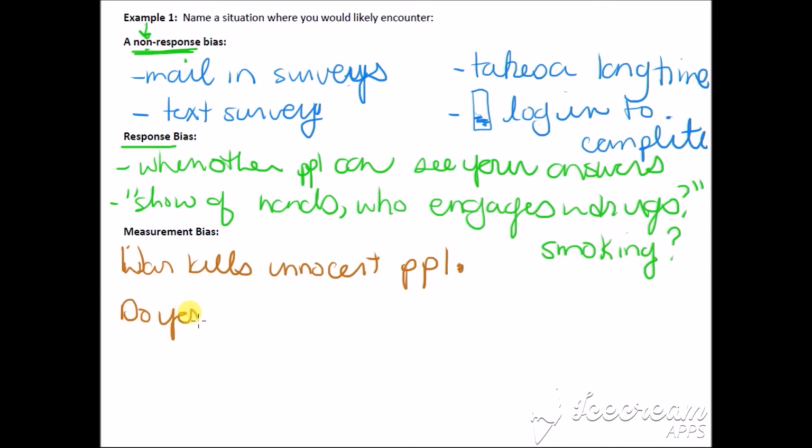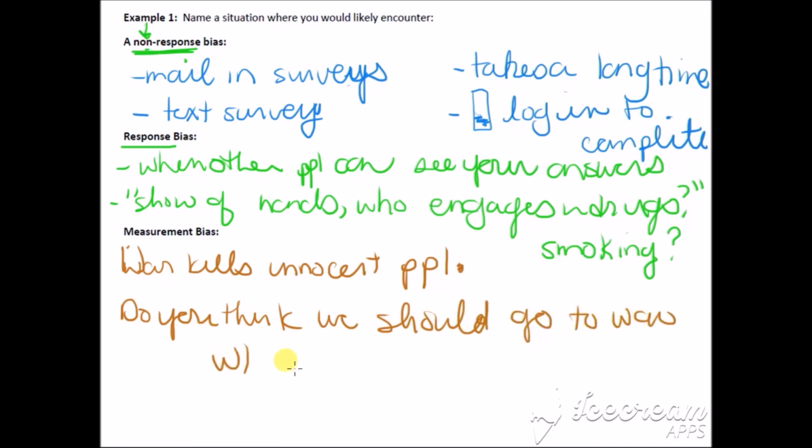Do you think we should go to war with, and that could be anything, South America, Asia, Europe, anywhere. Okay, obviously that's going to be a measurement bias. How that's going to be answered is going to be reflective of this leading statement up here.